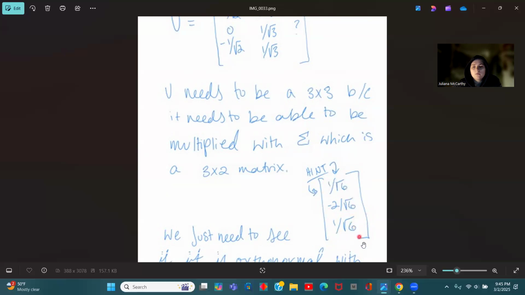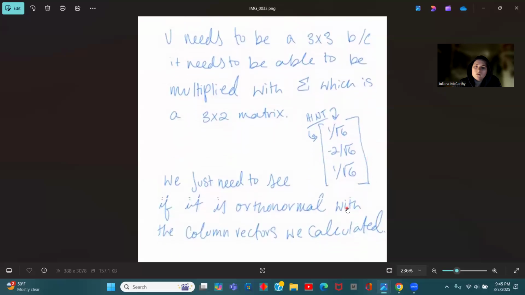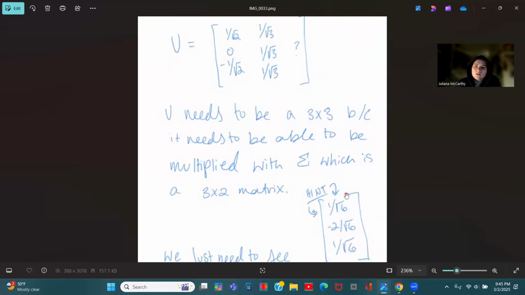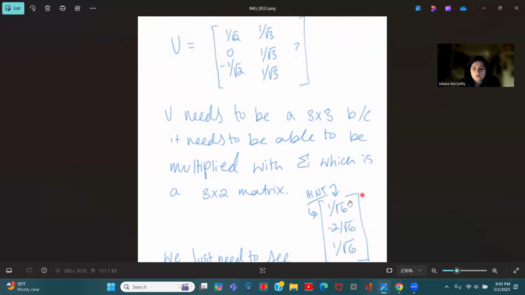So when you add those together and then square root them all, it should equal 1. And then see if they are orthogonal to these other two column vectors that we calculated.